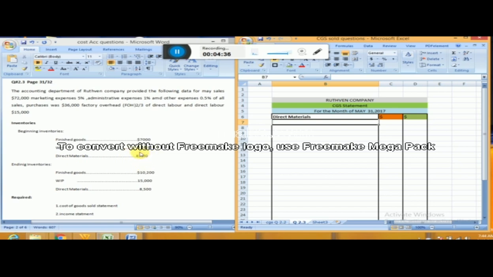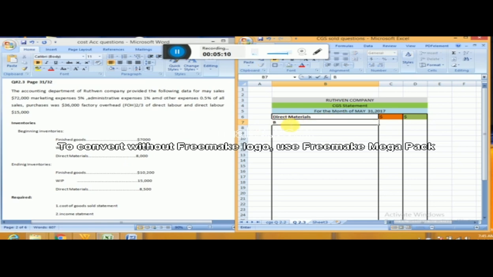We need to subtract it from the month of April and add this material cost in the month of May, because according to the matching principle, our revenue and cost must be matched. Beginning materials are the remaining or ending of the month of April, so that becomes the beginning of the current month May.